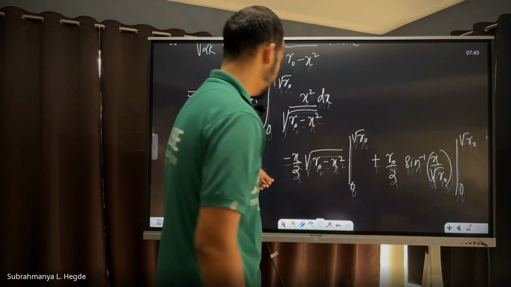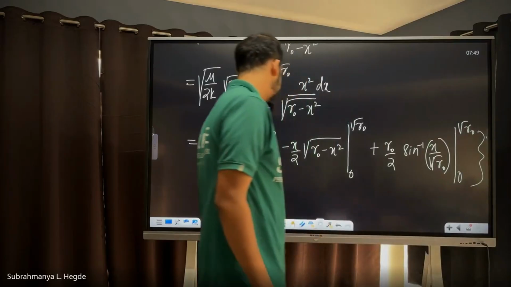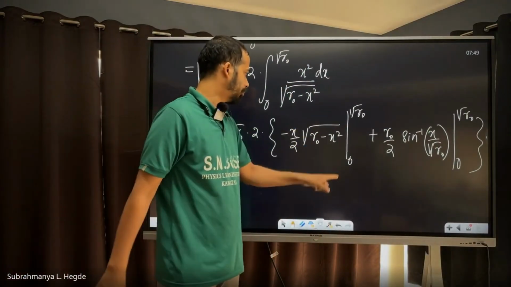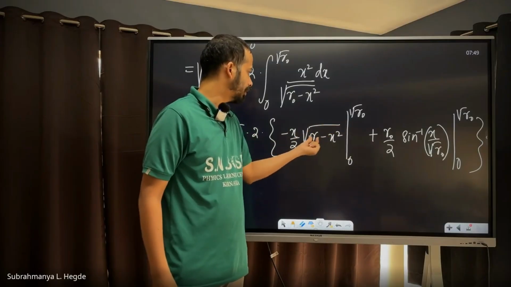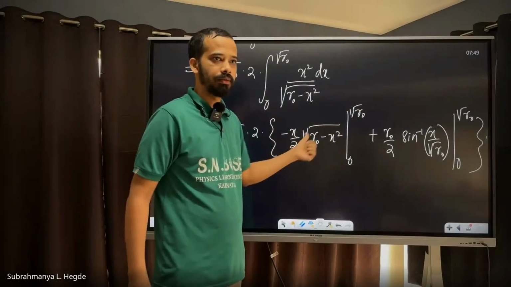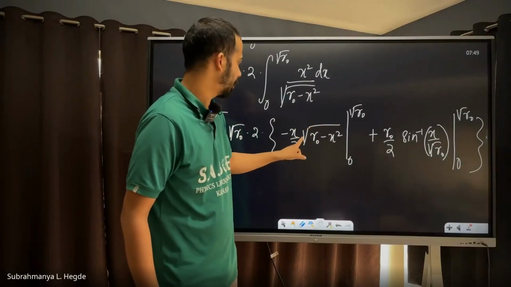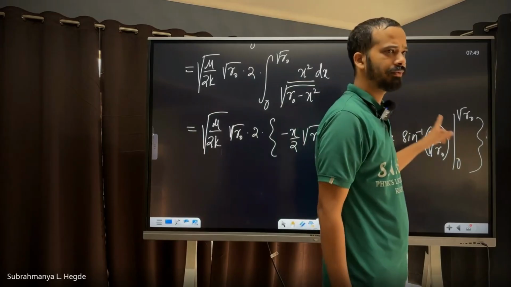Can you see this one? This is what he gave already. Now the first term is 0 in the lower limit because x is 0, and in the upper limit it is 0 because x square is r naught, so r naught minus r naught is 0. But in this one, at the lower limit sine inverse of 0 is 0.